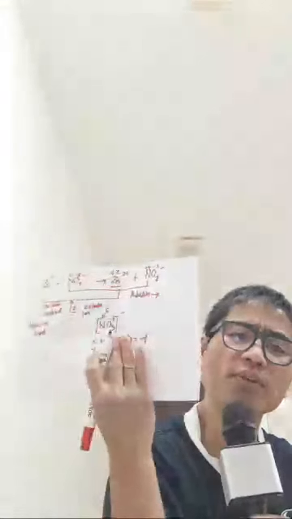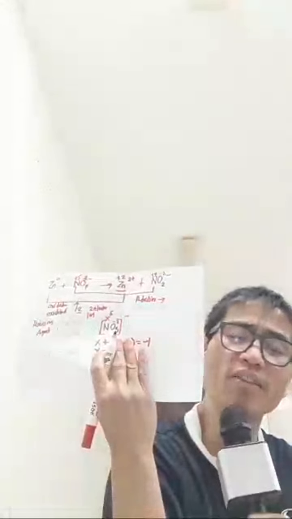Now we put it like this. Since this is gain of electrons, reduction, there is a decrease of, think how many? Decrease. Very obvious.